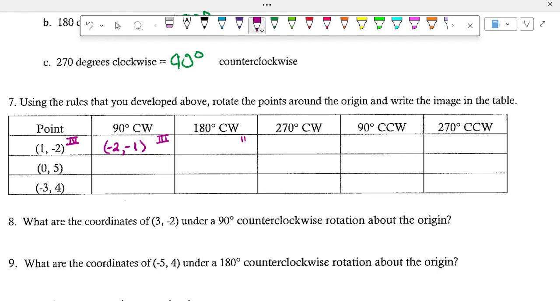So what do the signs look like? Negative, positive. Now remember, this is what you need to ask yourself. We start here, we're at xy. Go 90 degrees, we're at yx. Go another 90 degrees, where am I back at? It's going to be xy. So I flip the numbers back. So this would be -1, 2.